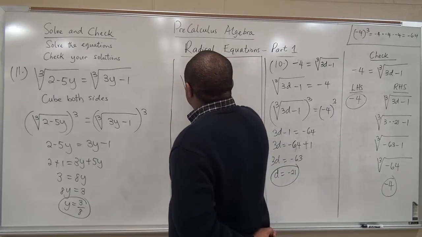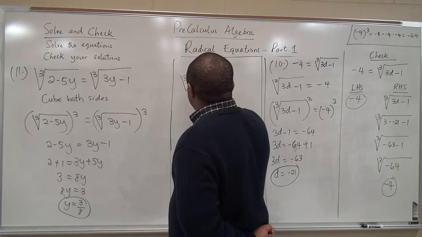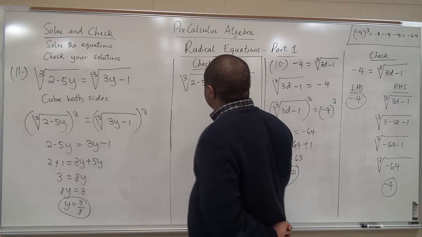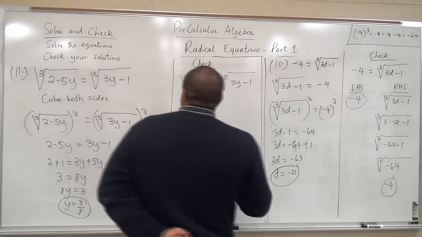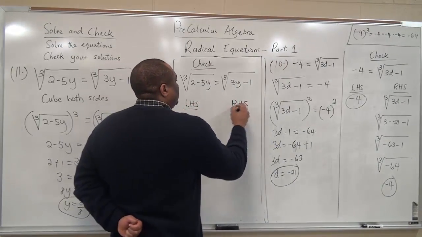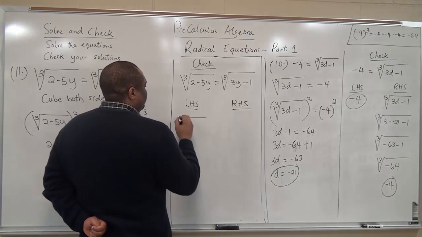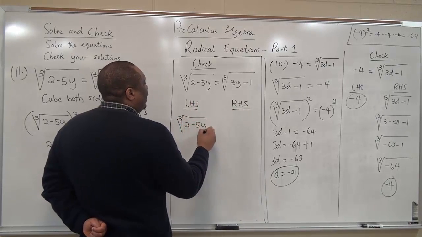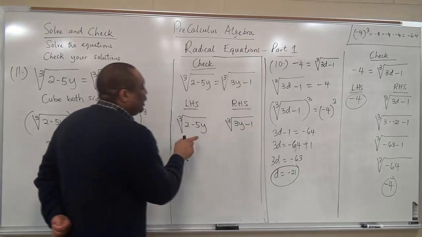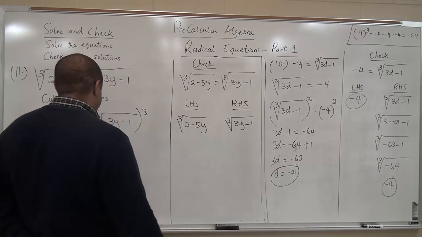So we have cube root 2 minus 5y equal to cube root 3y minus 1. Left hand side, right hand side. Let's start with the left.